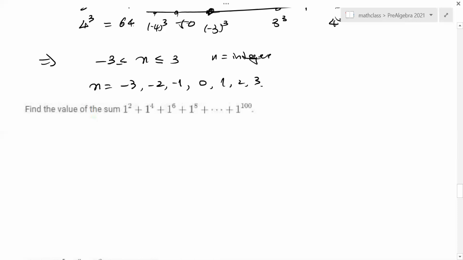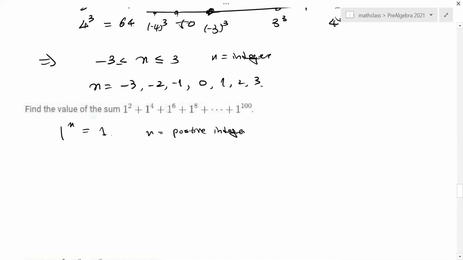All right, let's go back. This problem is actually a trivial problem if you know that 1 to the n power is 1, where n is a positive integer.